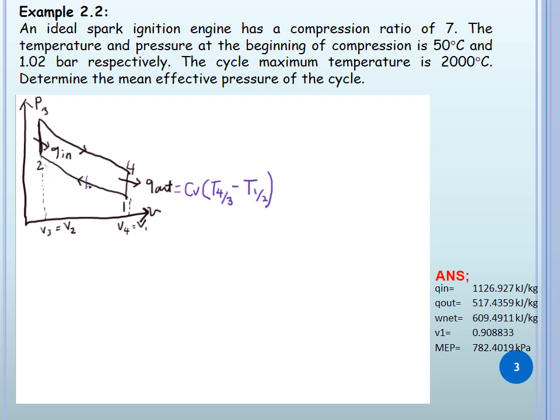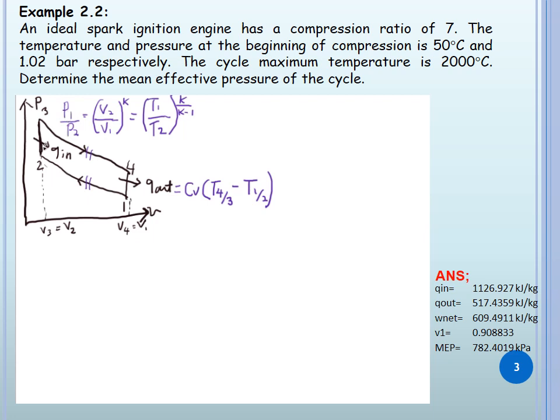For processes 1 to 2 and 3 to 4, which are isentropic, again they use the same equation: P1 over P2 equals (V2 over V1) to the power of k, which also equals (T1 over T2) to the power of k over k minus 1.